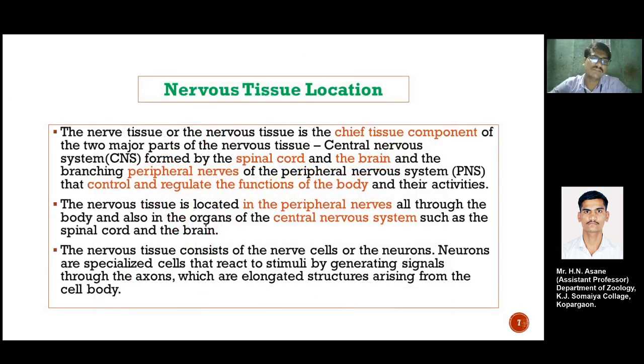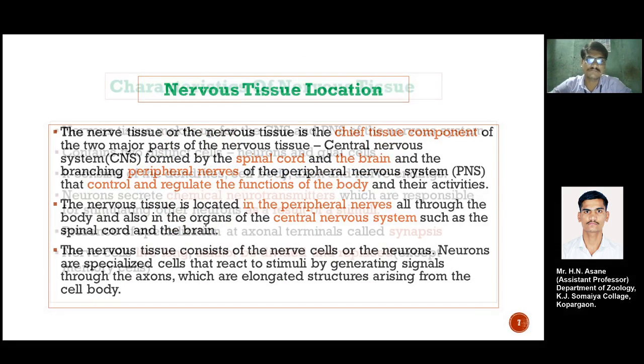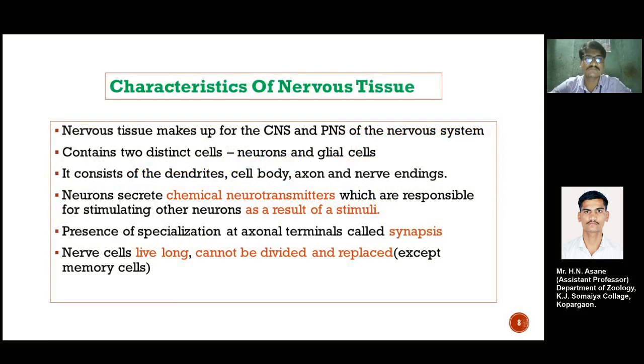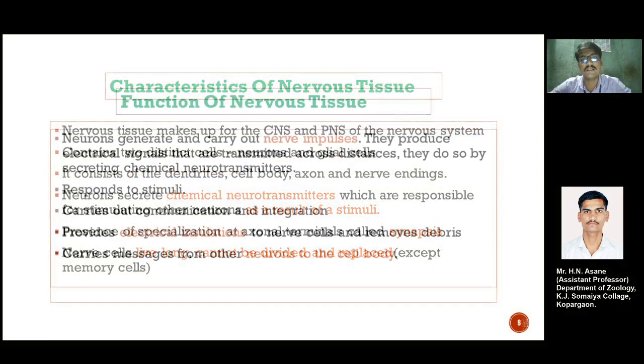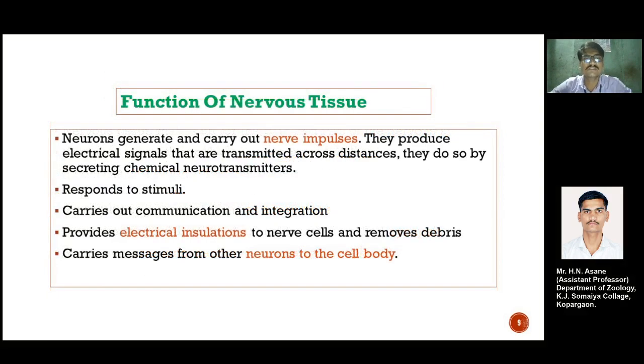And we have also seen the nervous tissue location and some characteristics of the neuron. We have seen the function of the neuron, how a nerve impulse is generated, and how that nerve impulse is set for a particular process.